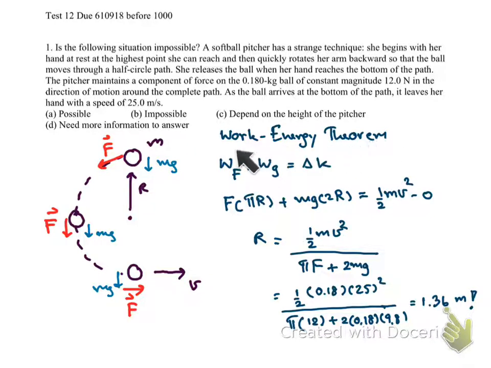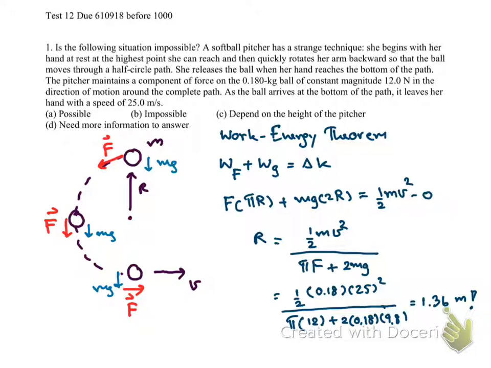We state that the total work done on the ball is equal to the change of its kinetic energy. Work done on the ball has two parts: the work done by the force that the pitcher exerts on the ball and the gravitational work.